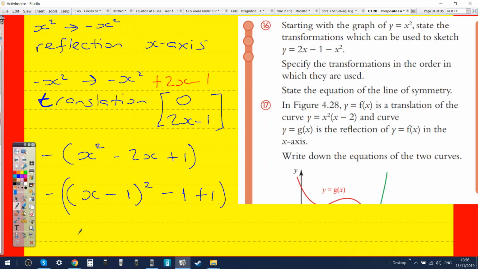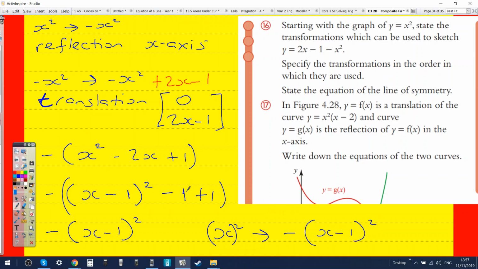Yep. And so it's just minus x minus 1 squared. So the x didn't change. You basically had x squared, and that became negative x minus 1 squared.